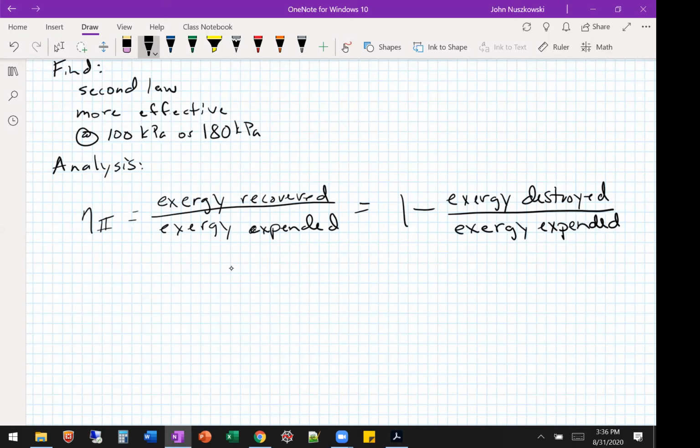Okay. So we need to figure out what's recovered, what's expended, and what's destroyed. Where do we go for that again? Our exergy balance. Okay, so in this case, we're doing a closed system, right?